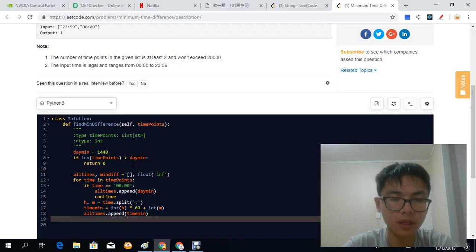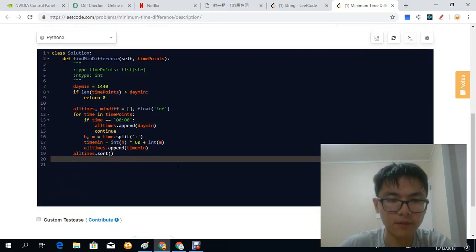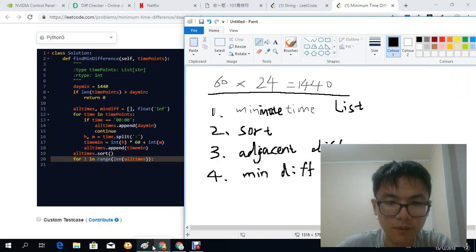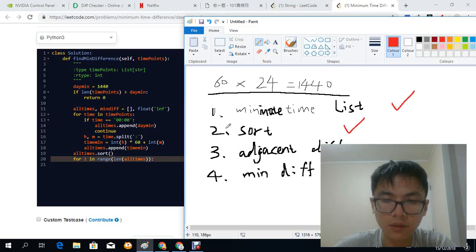Okay, now it is time for us to sort it. So after we sorted it, we have to iterate it one more time. We have already finished step 1 and step 2, and now we need to do step 3, which is to get the adjacent difference.